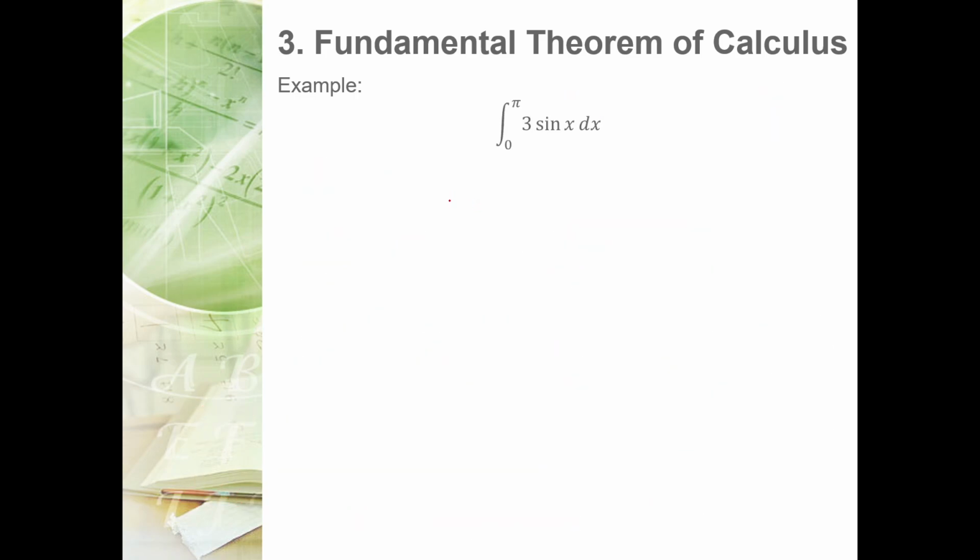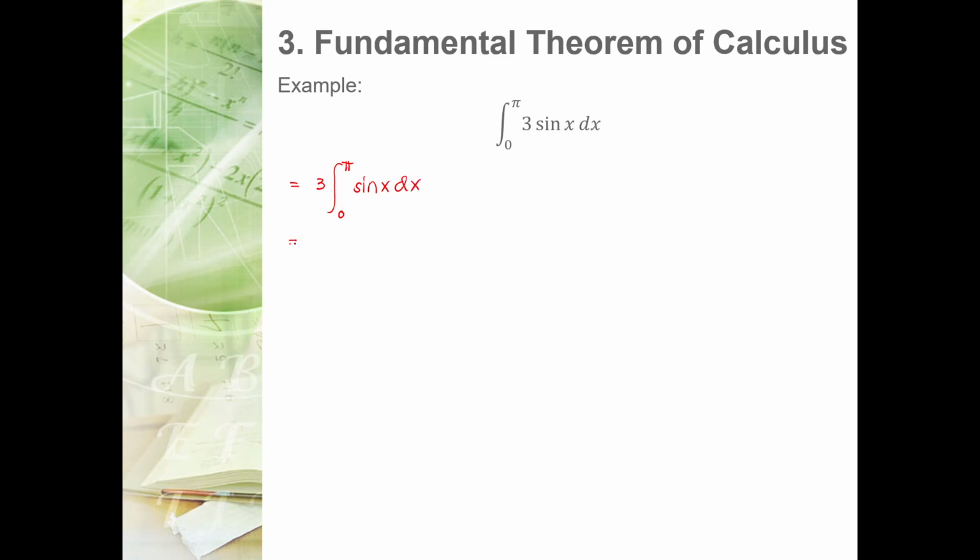So this time we have a simple integral of 3 sine x dx from 0 to pi. If you try to integrate this one, getting the constant outside, we have sine x dx.